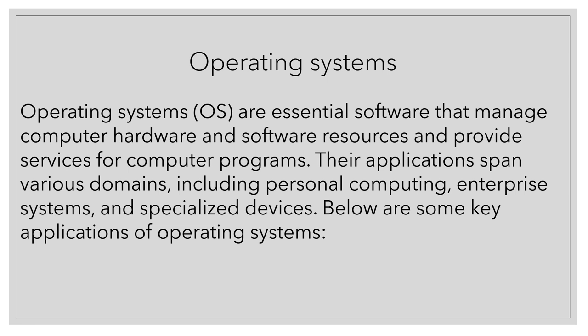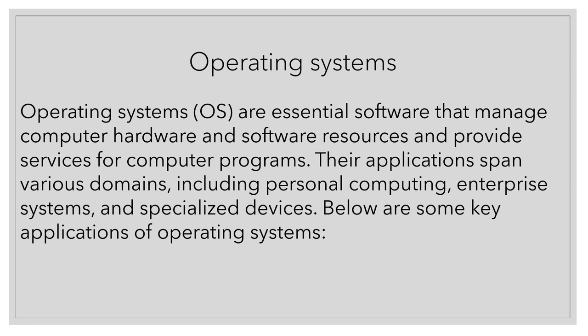What is meant by an operating system? For example, your mobile has an operating system, right? Some mobiles have iOS, some mobiles have Android. So these are the operating systems.